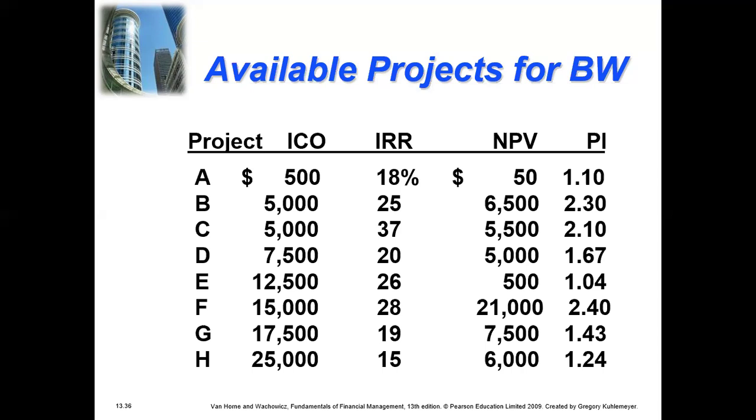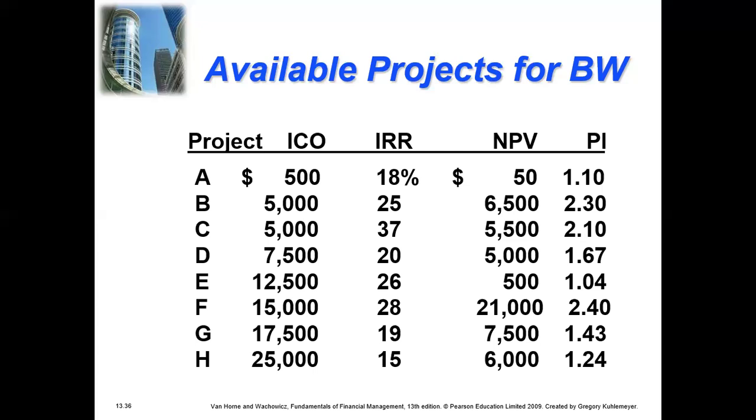If she invests 25,000 in project H, that investment is gone. The remaining balance will be 32,500 minus 25,000, that is 7,500. Project H or project D, these 2 projects will consume all of her investment of 32,500. Total investment she can make is 32,500.